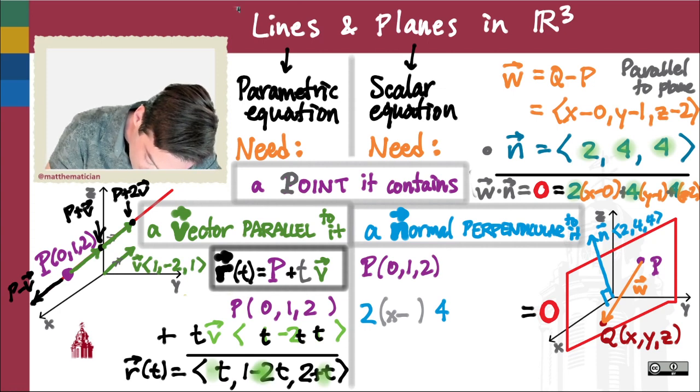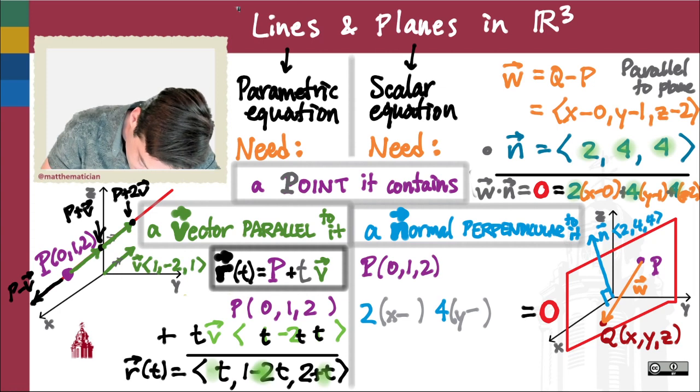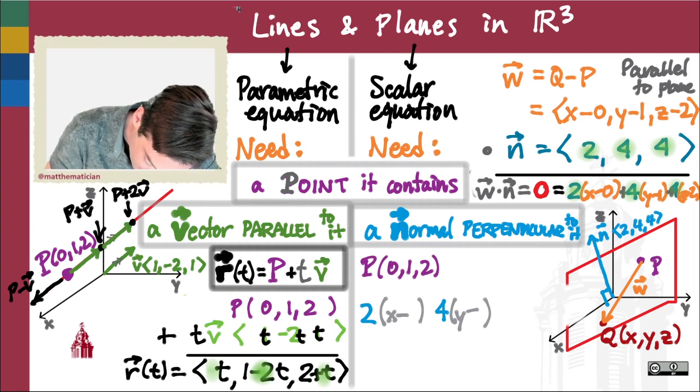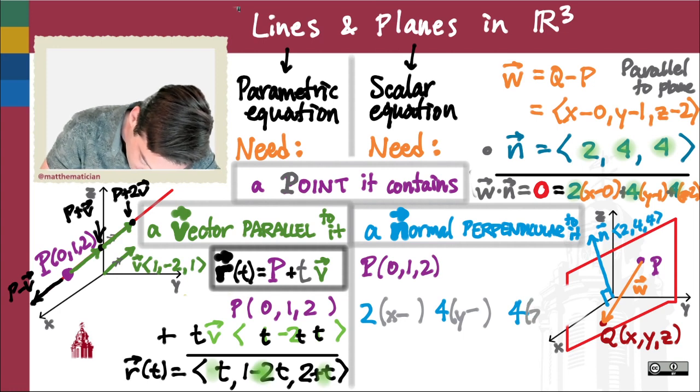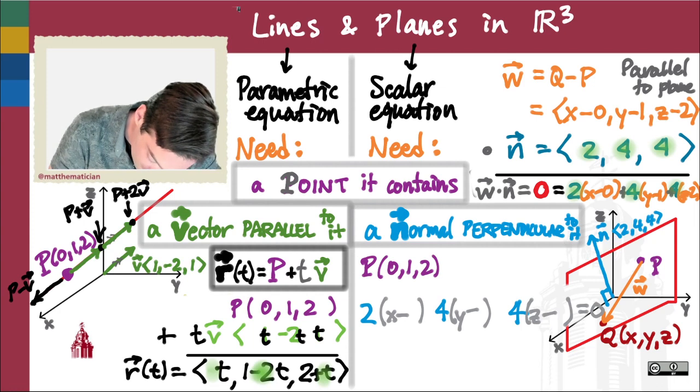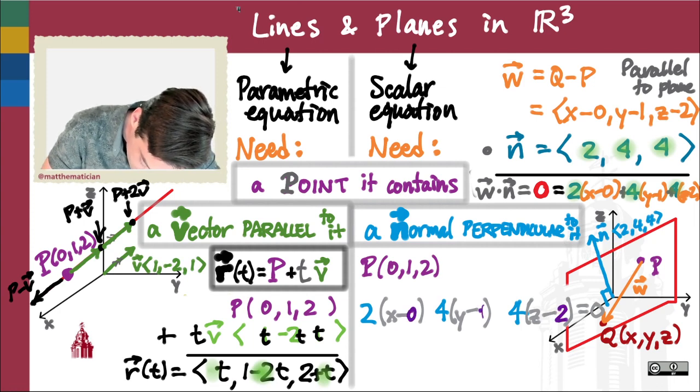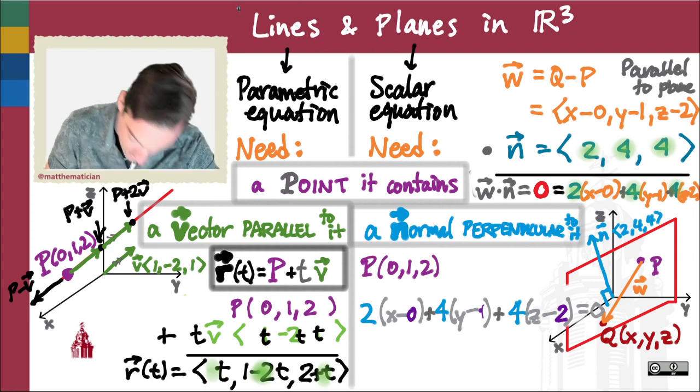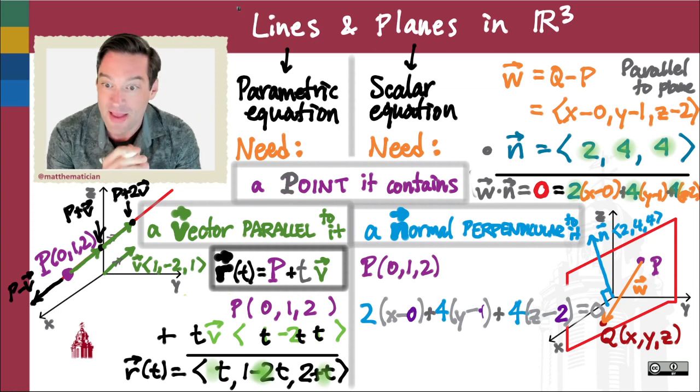And then the coordinates of my point are the things that I end up subtracting from x, y, and z as a part of my equation. 4 times z minus whatever equals 0, and so 0, 1, 2 are what fill in here. And then I've got pluses. There we go. So that's an equation for this plane.